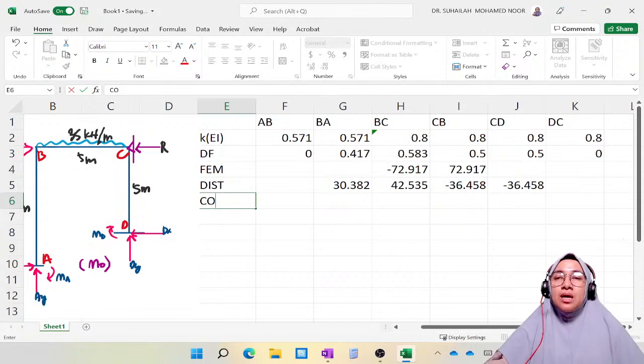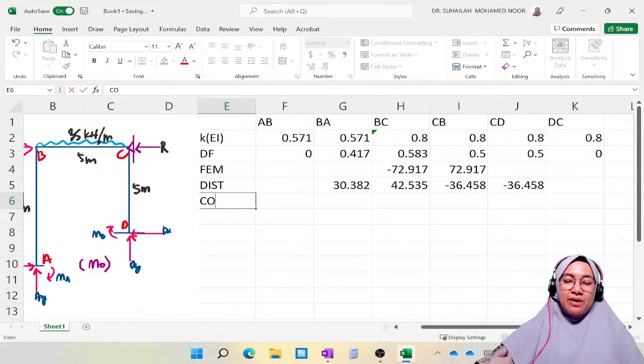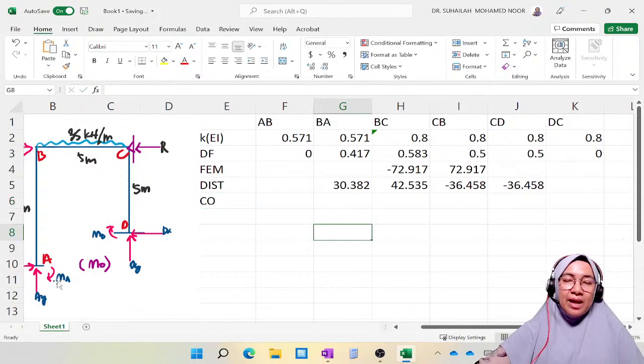And we have the factor of 0 for end pin. For this case, we use 0.5 because we have only end fixed, no end pin, and internal is also 0.5.